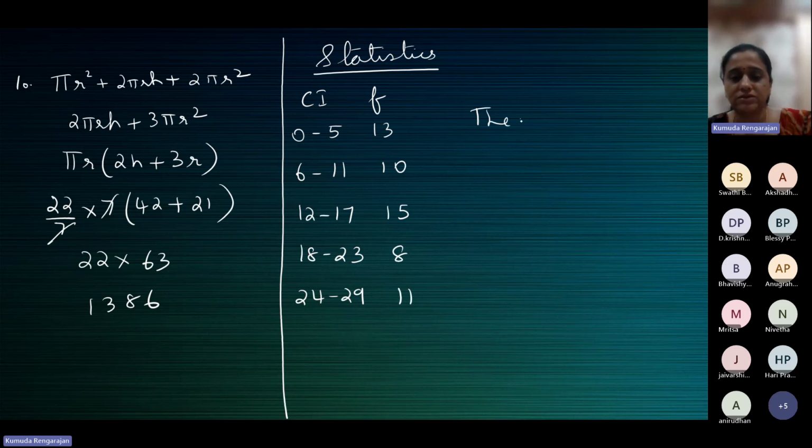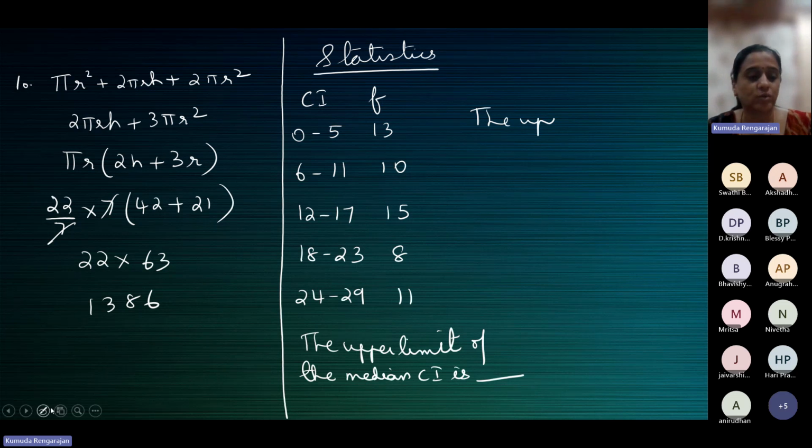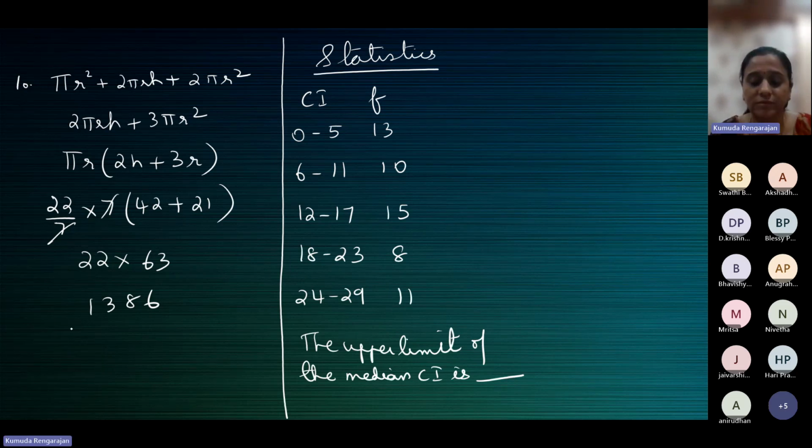The upper limit of the median class interval. Median class interval is dash, is your question. The upper limit of the median class interval is. Answer this.